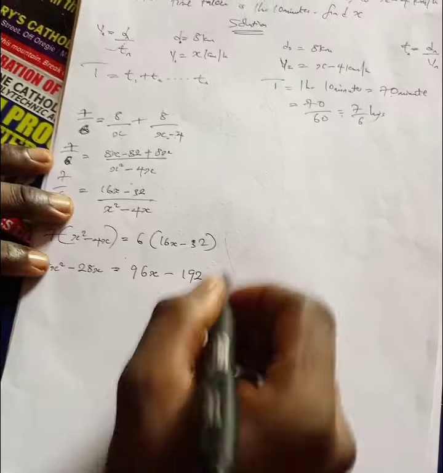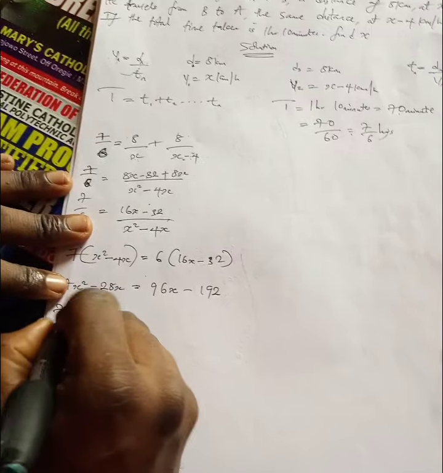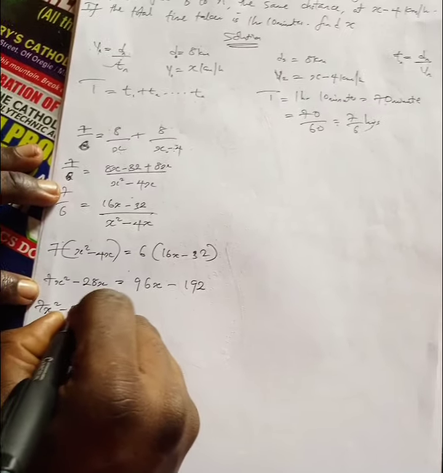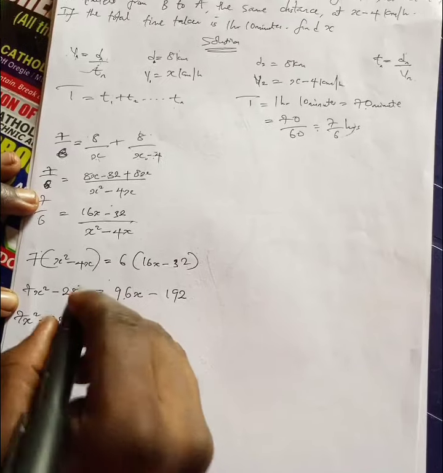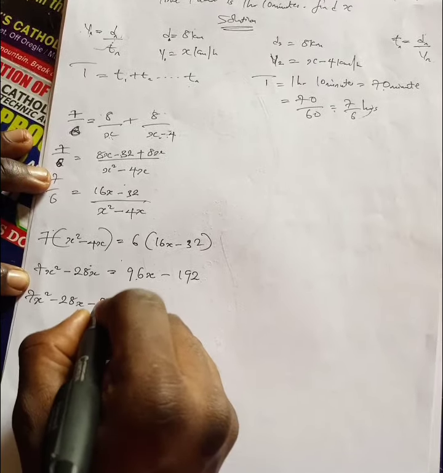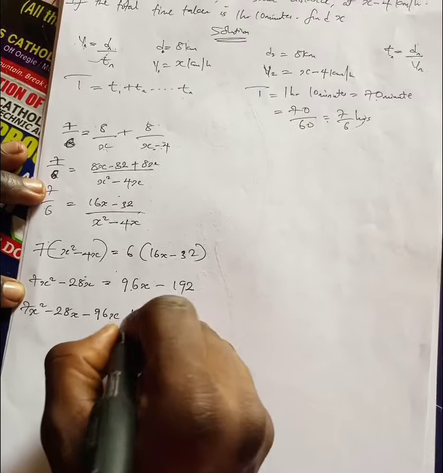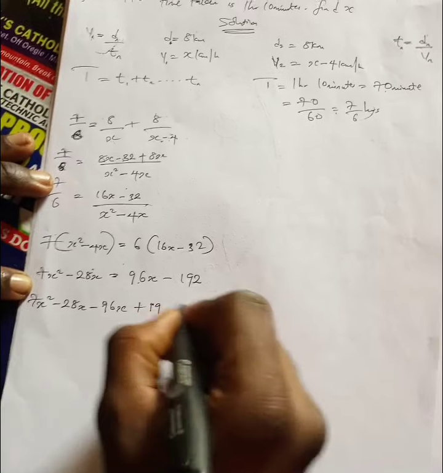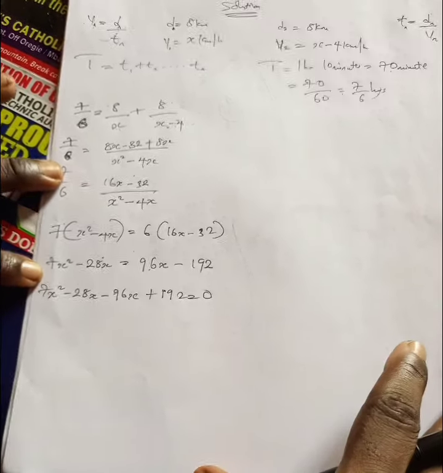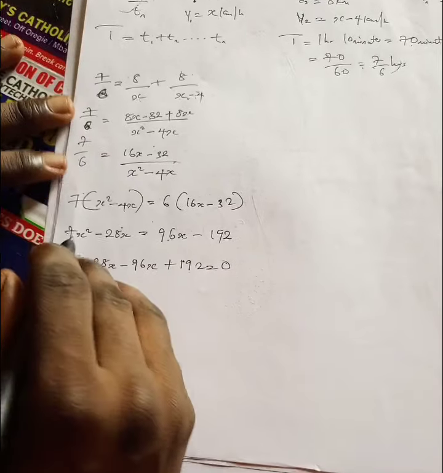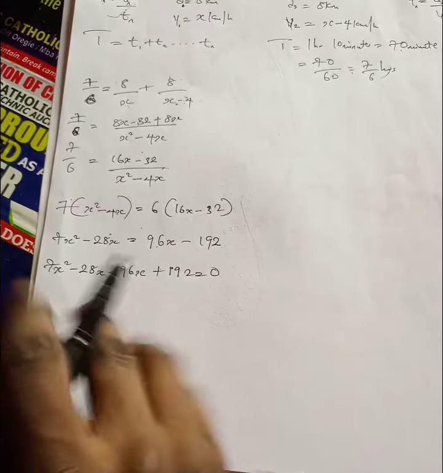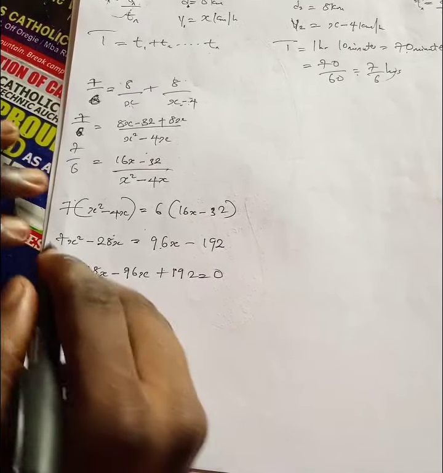Here, if I rearrange, I will have 7x squared minus 28x, this coming to this place, I will have negative 96x. Then here I will have positive 192, all equal to 0. Now I can see that this is a quadratic equation. So this is a word problem leading to a quadratic equation.